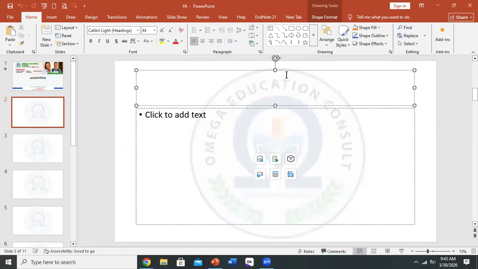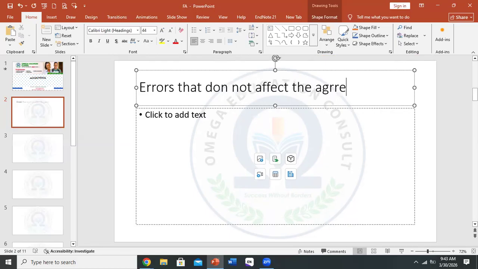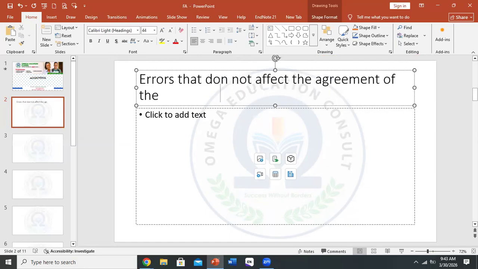So errors that do not affect the agreement of the trial balance.